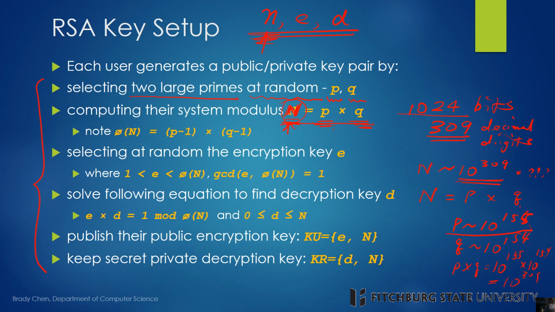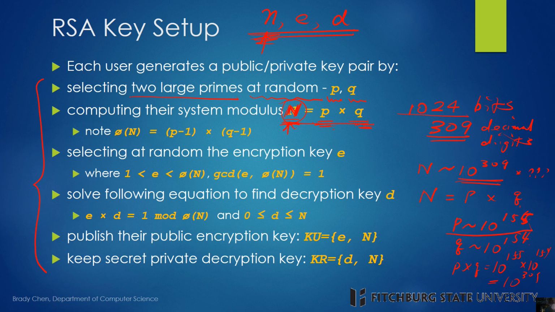Now, what's so good about this? Because in RSA, we're going to use Euler's totient function. I'm sorry.